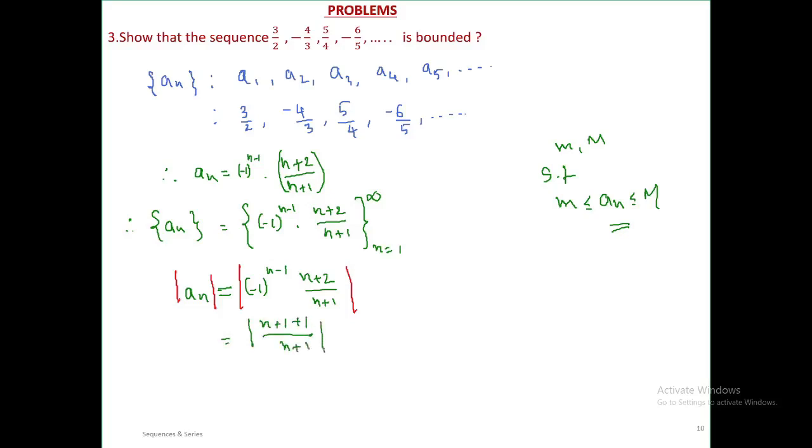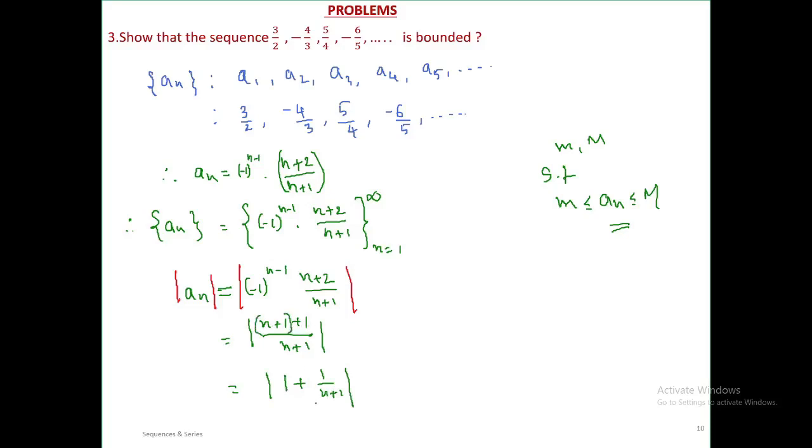Now n plus 1 is one term and 1 is another term. So n plus 1 divided by n plus 1 is 1, and the next term is 1 by n plus 1. So this is 1 plus 1 by n plus 1.